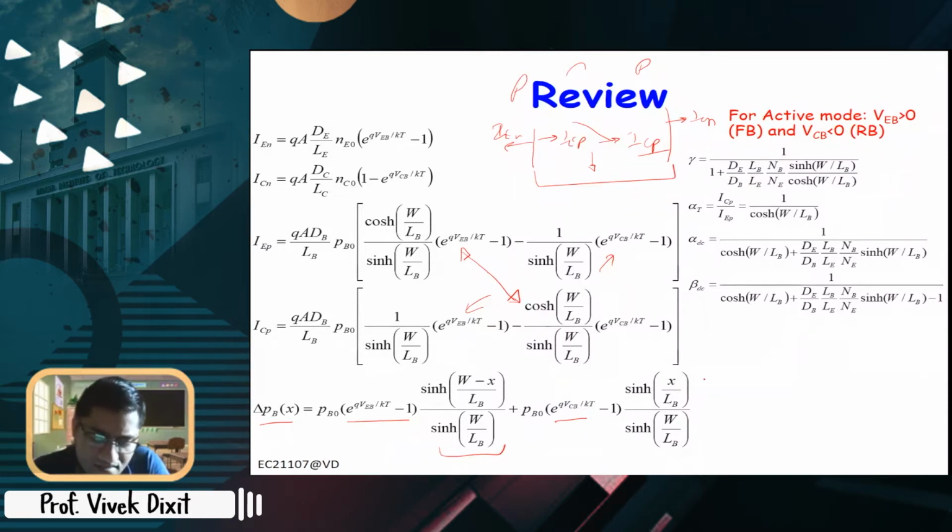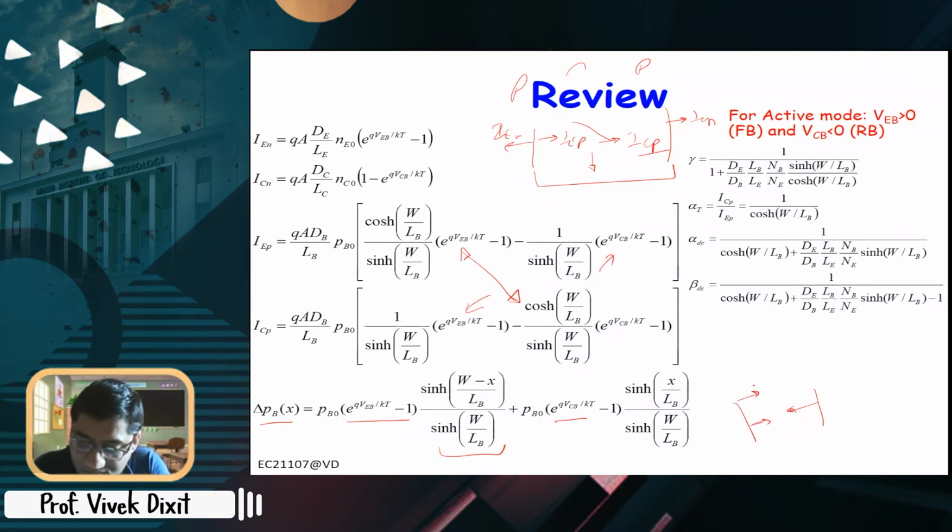If you compare these expressions, they are actually very similar, because for VCB this is x basically, from the collector base junction, from the base emitter junction.